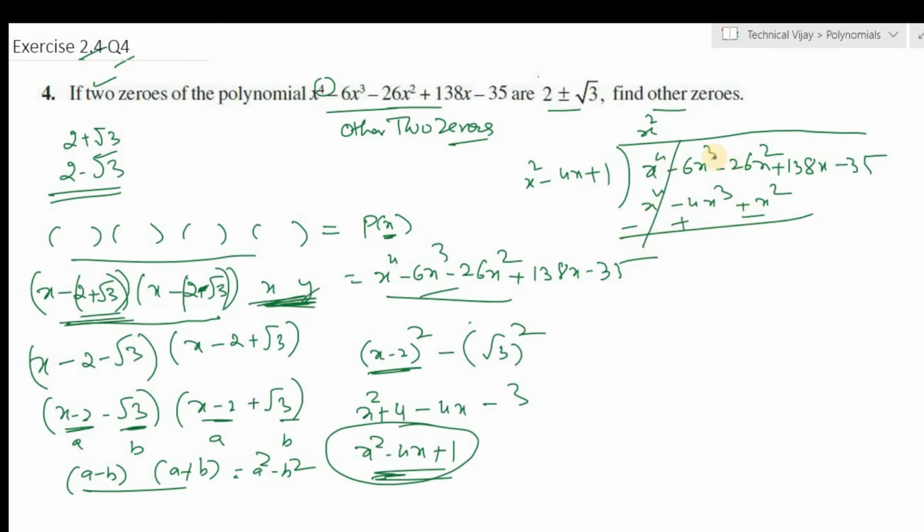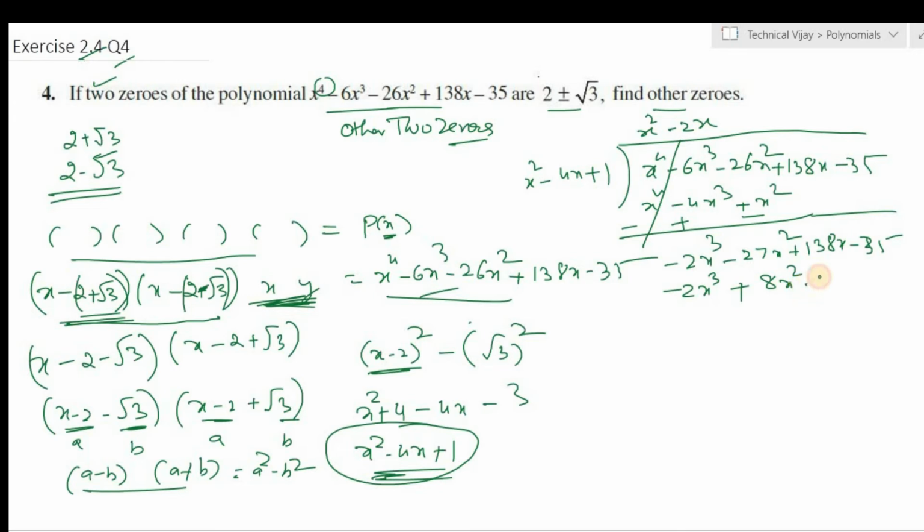This gets cancelled. Minus 6x cube plus 4x cube is minus 2x cube. Minus 27x square plus 138x minus 35 we write as it is. Now minus 2x cube is there, so minus 2x we will multiply. 2x into x square is minus 2x cube. Minus into minus plus, 2 into 4 is 8x square.